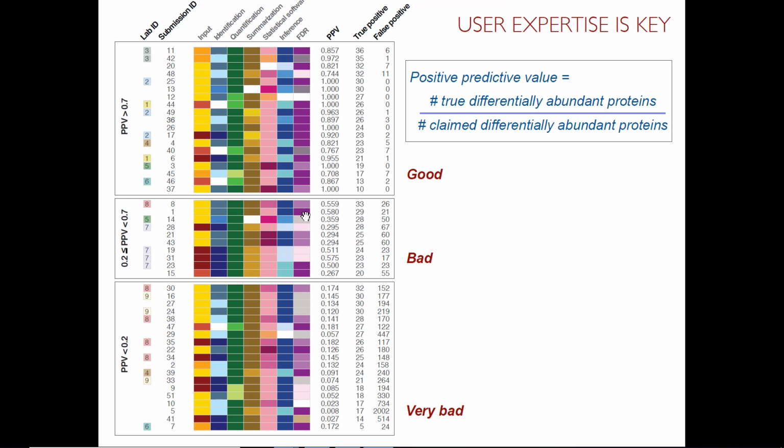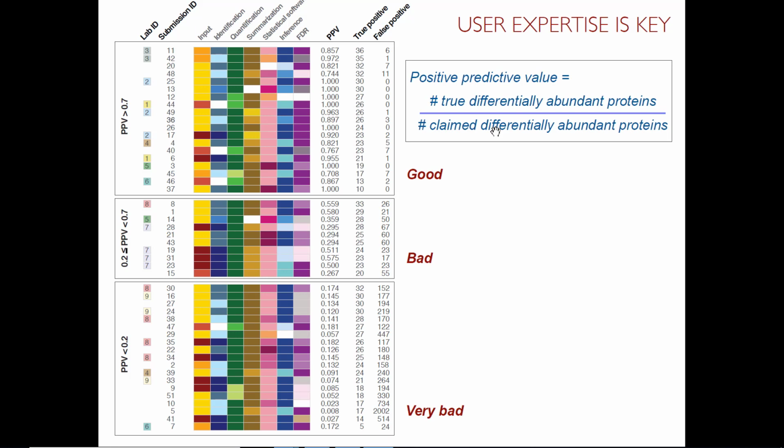So the next thing is, we decided to at least classify the submissions in terms of how reliable the conclusions are. The metric that we used was positive predictive value, which is the proportion of true changes among the claimed changes. So if you overlook some true positives, fine, but at least you don't go in the wrong direction from what you detect. So how many of your detected changes are reliable leads?